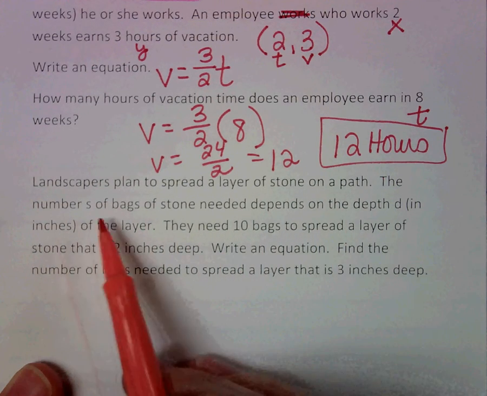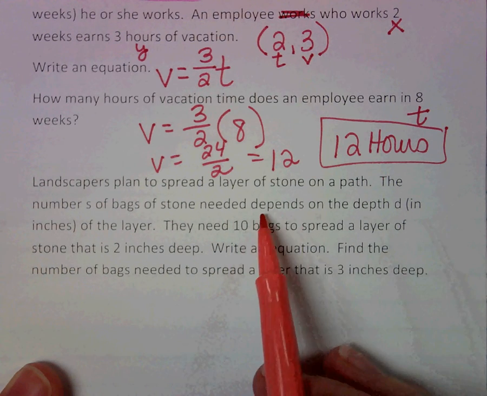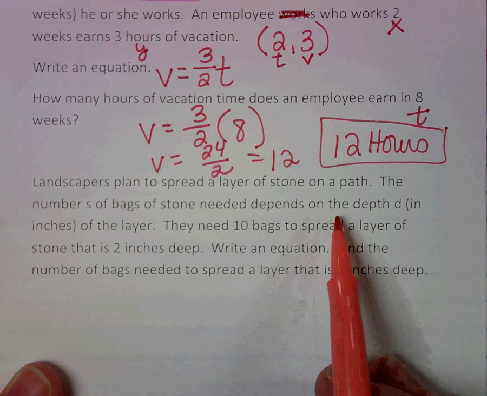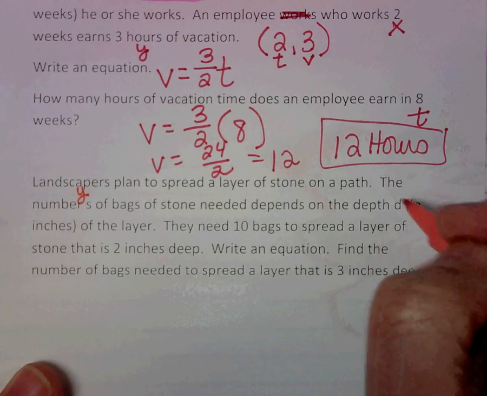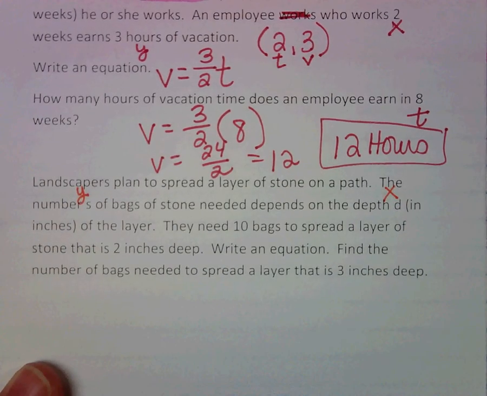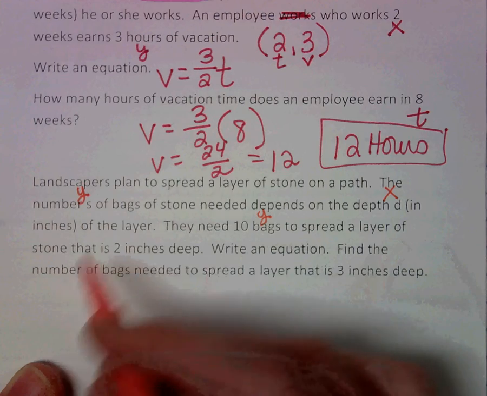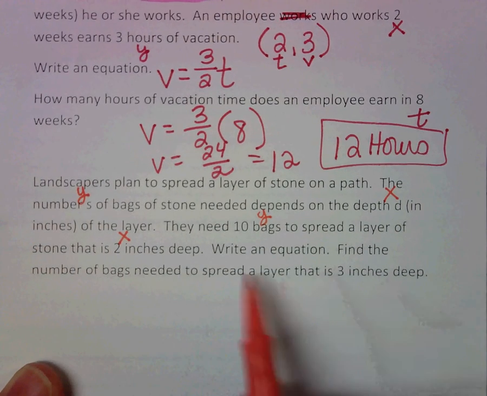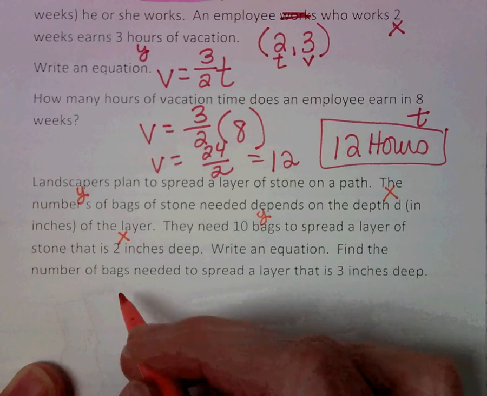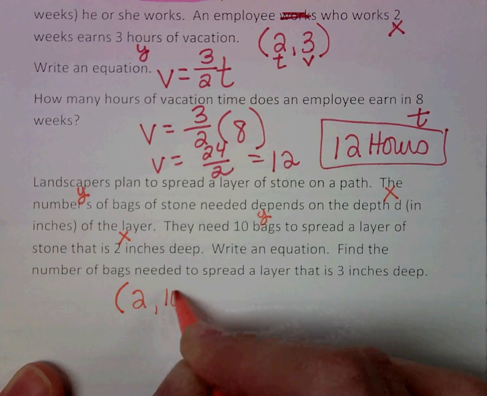The number S of bags needed depends on, so that's the same thing as saying varies directly with, the depth D. So again, y depends on x. They need 10 bags, y, to spread a layer of stone that is 2 inches deep, x. Write an equation. So the point that they gave us was 2, 10.